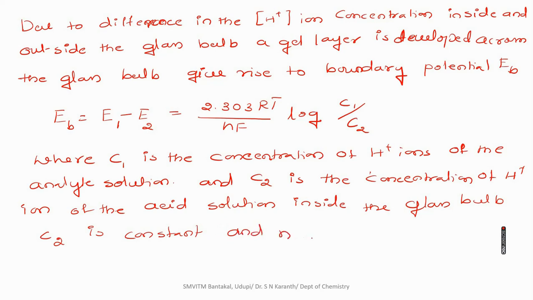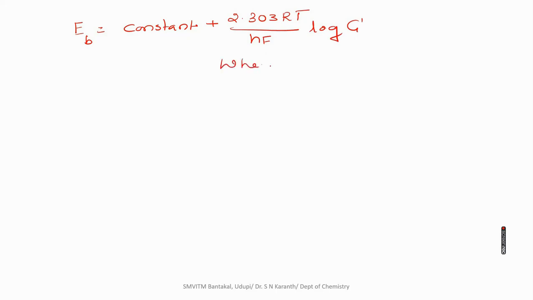So we get an equation like EB equal to a constant term, and that constant term is minus 2.303 RT/F log C2, or we may write EB is equal to constant plus 2.303 RT/NF log C1.